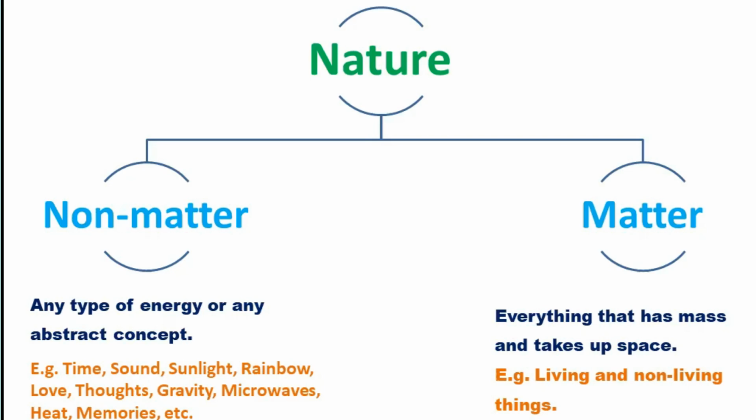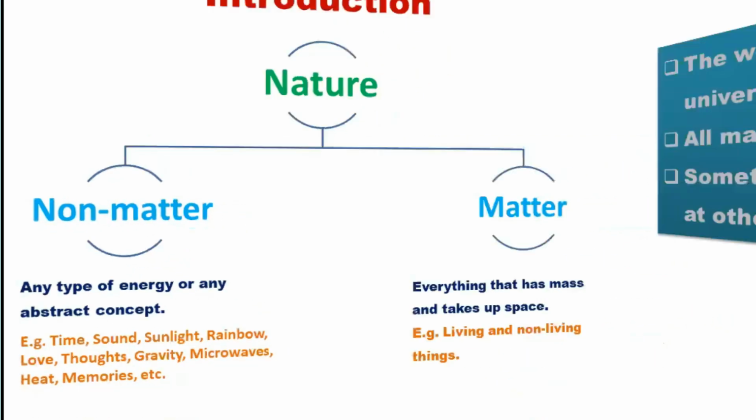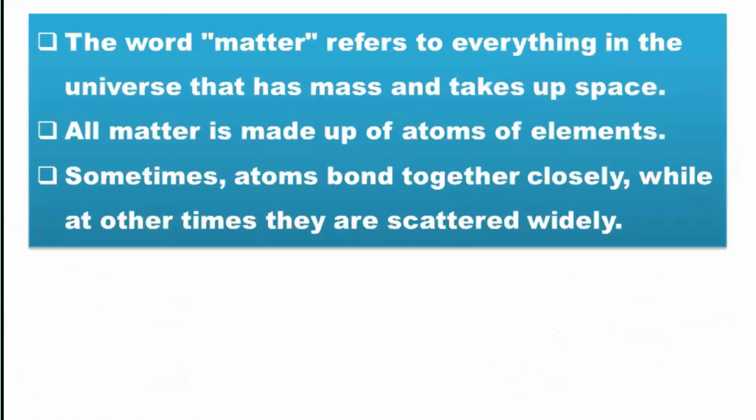And the second type of nature is matter. Everything that has mass and occupies space is matter, okay? All living and non-living things are materials. We'll discuss the details about materials in chemistry in this discussion.